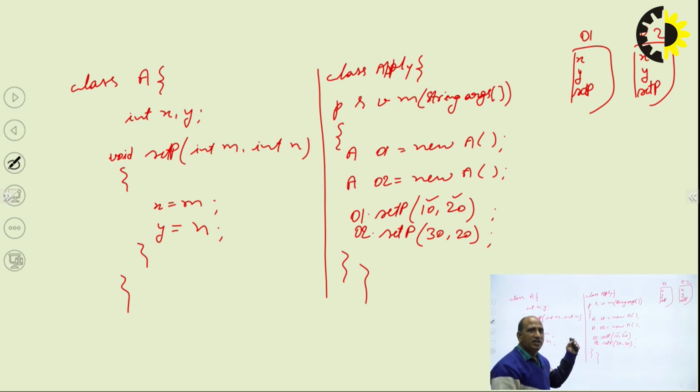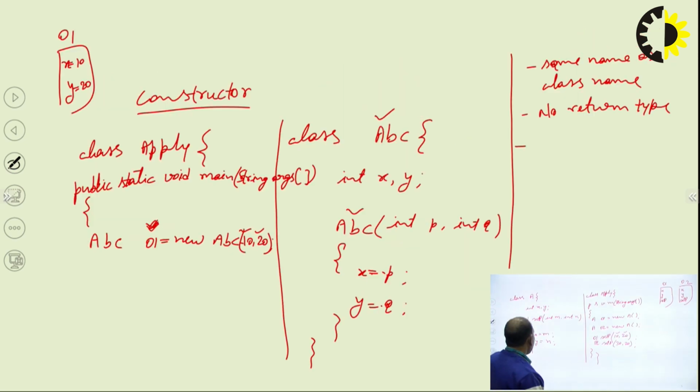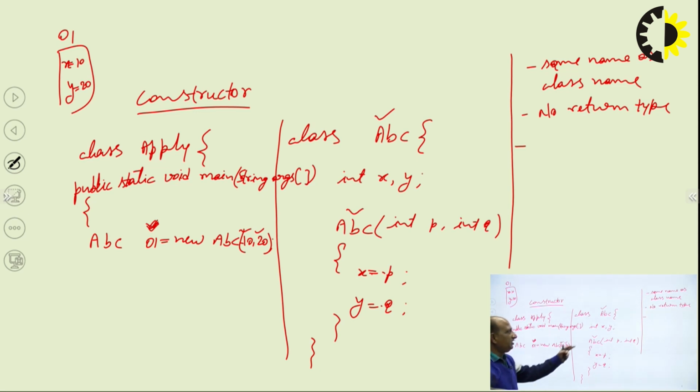We can create a constructor in this class that will assign some initial value at the time of creation of the object of the class. Then we need not call any function, the constructor will automatically do the thing that we have done previously. Here we have created a class ABC that has x, y variables.